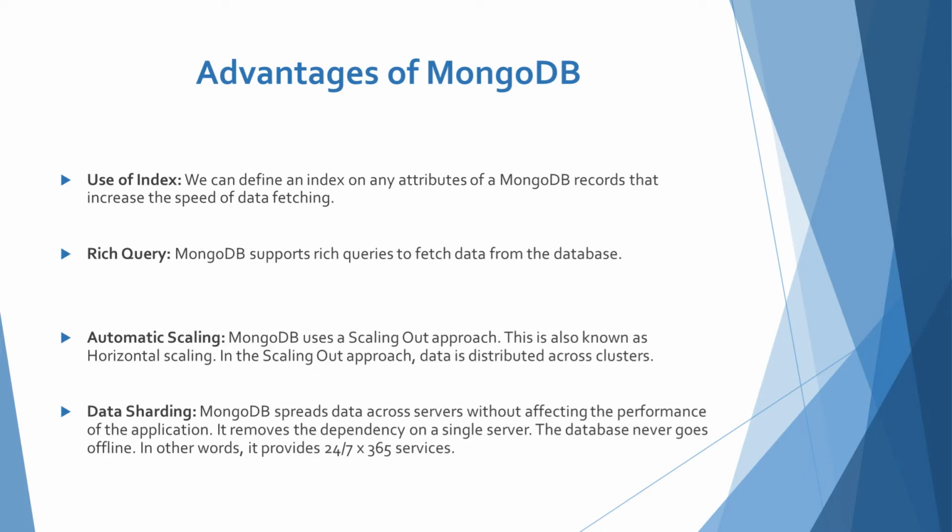Database partitioning. Even in RDBMS it is there, but it is vertically scalable, and we can create table partitioning. Here, in database partitioning, data will be spread across multiple machines within the cluster. That's why it is horizontally scalable.